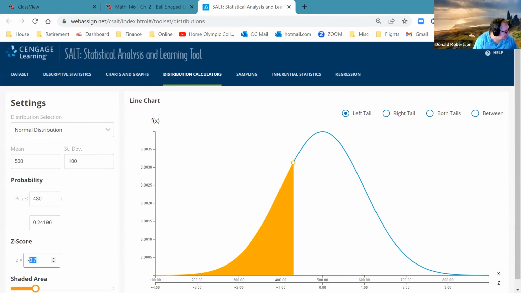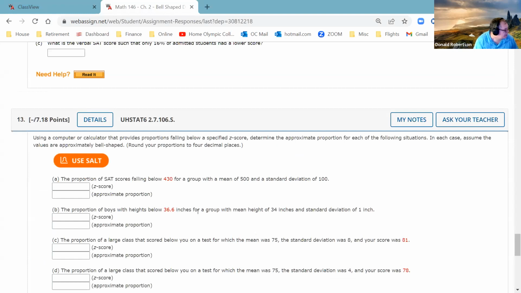And there's the z-score that they need, and there's the proportion that they need. So I'm going to see if I can move that out of the way. Good. Now, the z-score that we had was negative 0.7. And the proportion was 0.24196.